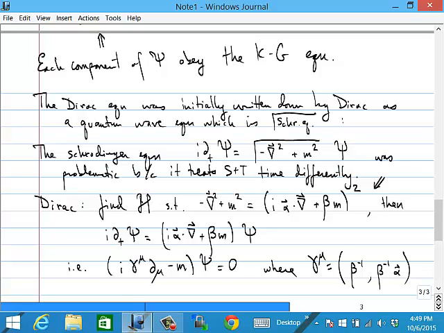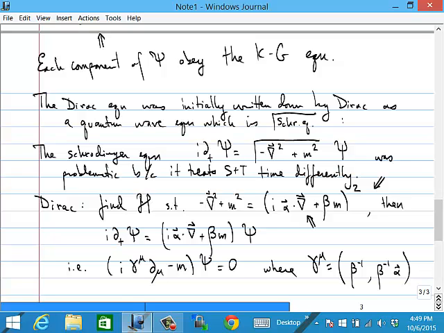But if you can construct an equation that's first order in time derivatives, then that is something that might be a sensible wave equation for a quantum wave function. And indeed, what Dirac showed is that you just need to find a set of four matrices that obey this particular property right there, and then you can find the square root of the Schrodinger equation.